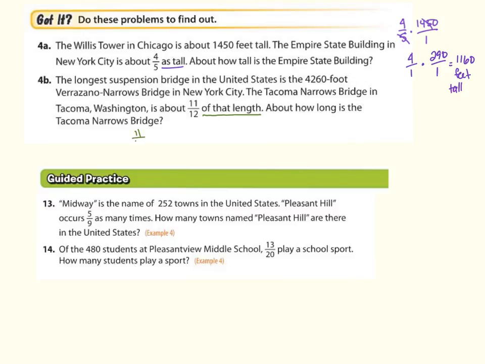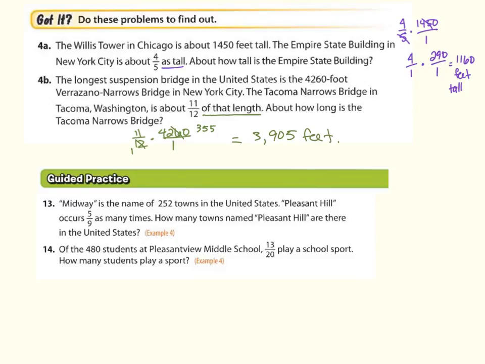We have 11/12 times 4,260 over 1. Let's see if that 4,260 is divisible by 12 so we can simplify. It is, and we get 1 here, and we get 355 here. So now just multiply 11 times 355, and you get your answer, 3,905 feet.